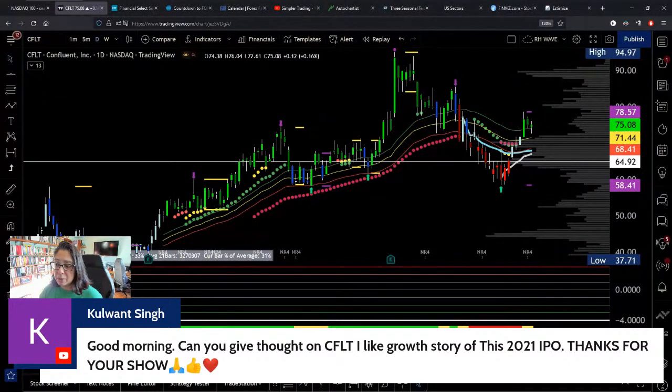Normally I will anchor a VWAP to the day that it started trading. To remain north of that level would be a really good sign that there's still long interest, buying interest in the name. That's one level, a VWAP anchored on the IPO date. And then, if it's an IPO, not a DPO, I think we're probably past all the quiet and holding period, but always know when those dates are.